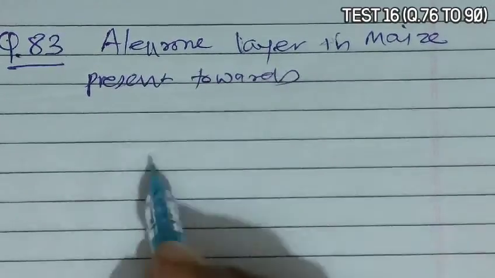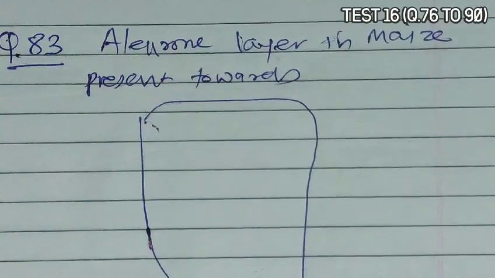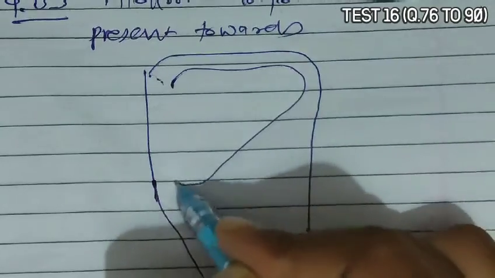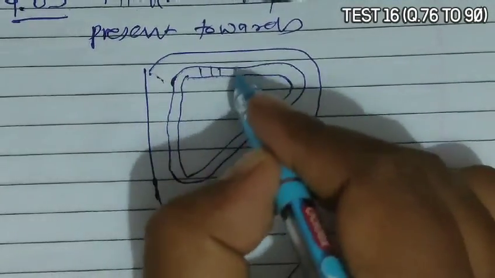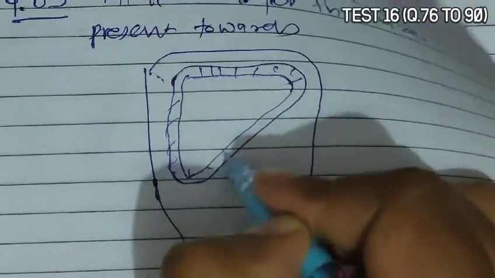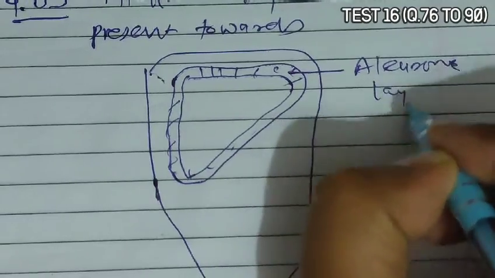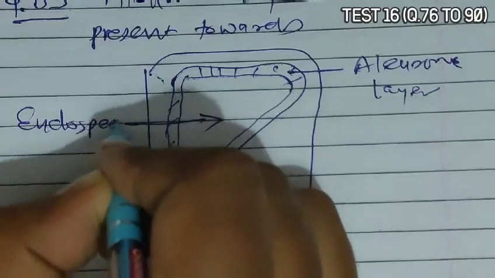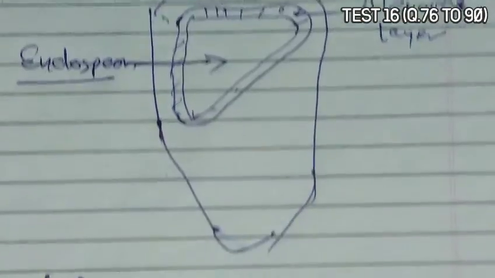When we talk about the structure of a seed of maize, we have already studied this diagram. This is the aleurone layer, and this aleurone layer covers the periphery of the endosperm. So the answer is option A, that is periphery of endosperm.